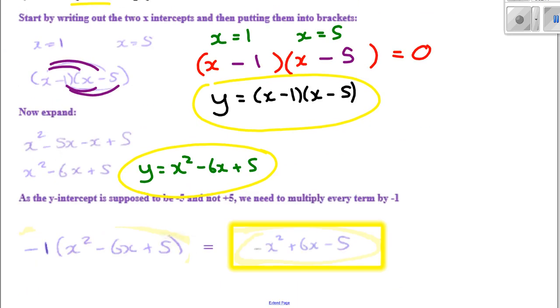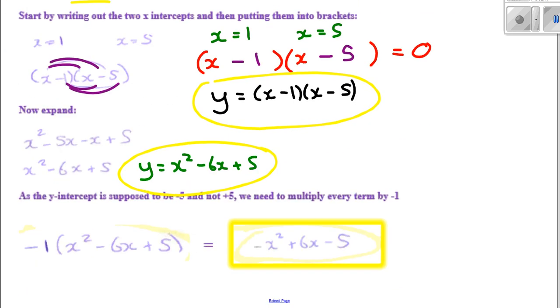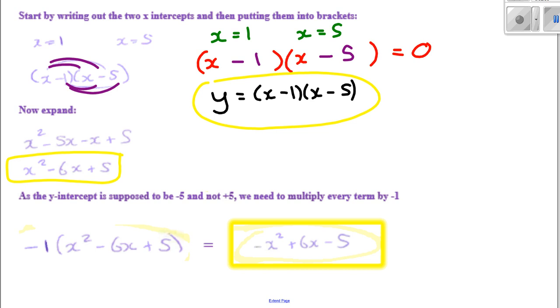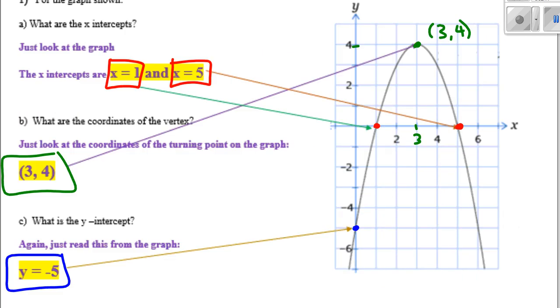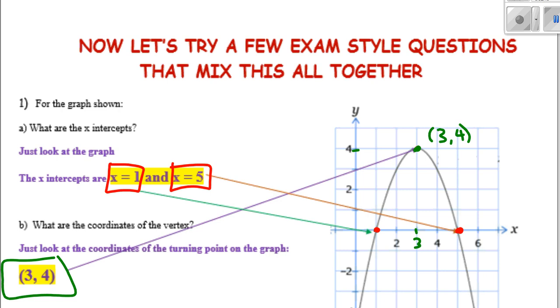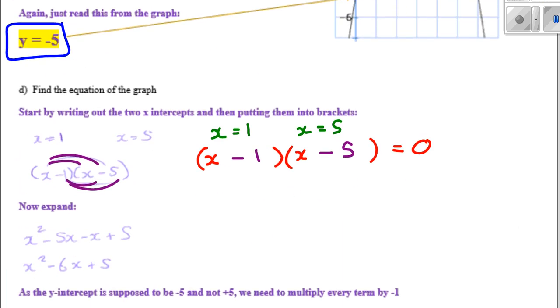As the y-intercept is supposed to be -5 and not +5, we need to multiply every term by -1. That's a very good point. I forgot that, so I hadn't answered the whole question. I'll undo that and explain.